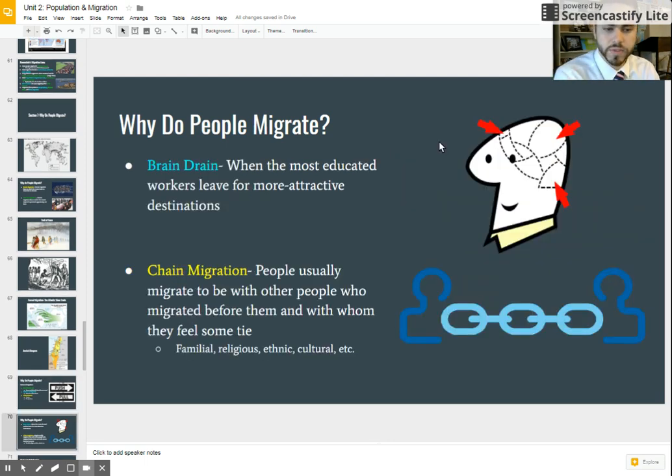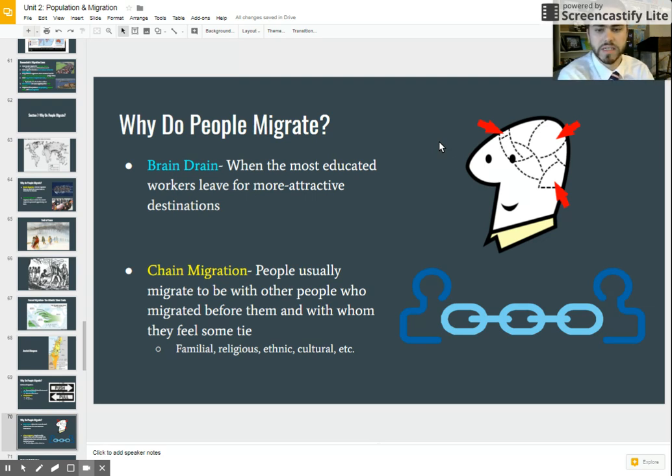Some other types of patterns that we notice in migration is that a lot of times it is the educated elite that are leaving these lesser developed countries looking for work in the more developed countries. And that makes sense because in more developed countries, they can pay them more. You can have a better life there than if you were a doctor or a lawyer or a businessman in one of these lesser developed countries, say sub-Saharan Africa or somewhere in the Middle East, and you can move somewhere that could pay you more.